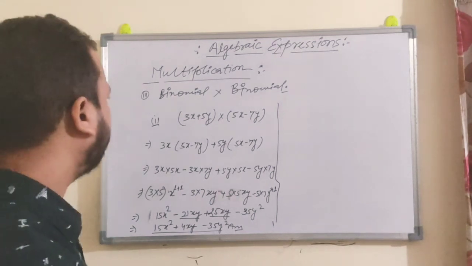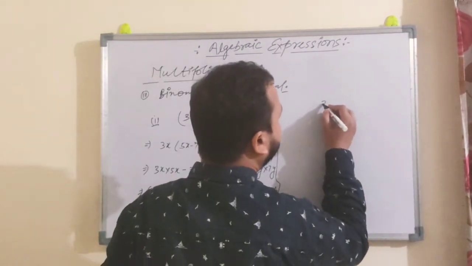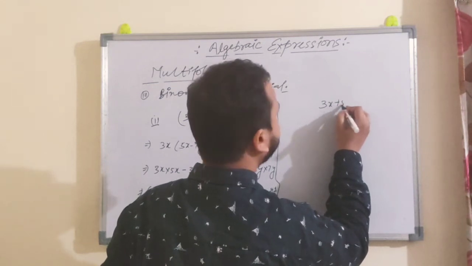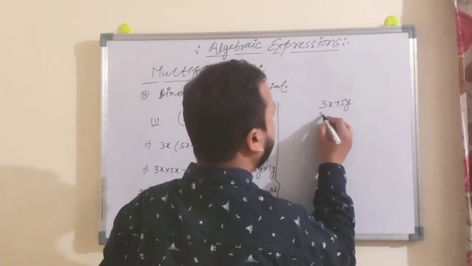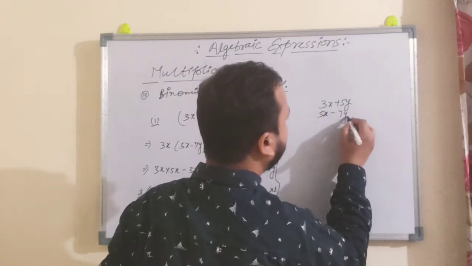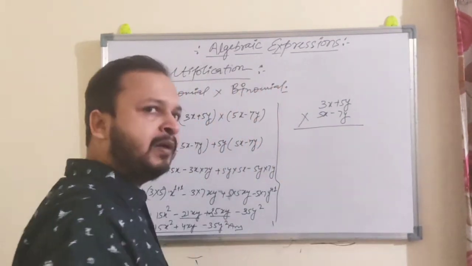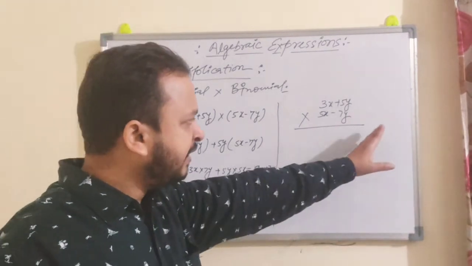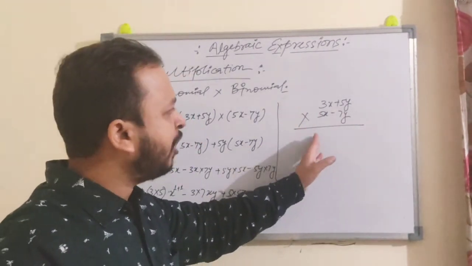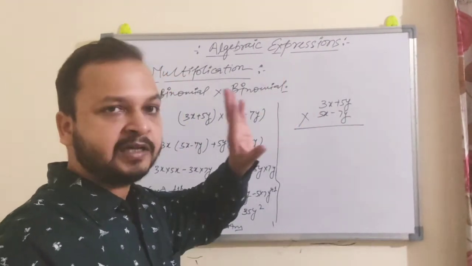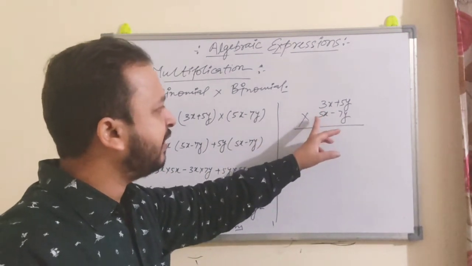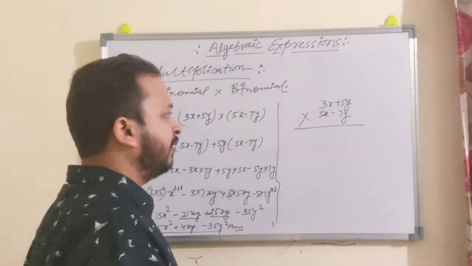Now I'm going to apply the column method. So 3x plus 5y and 5x minus 7y. In normal multiplication we start from the right and go towards the left, but in the column method of algebraic expressions, we start from the left and go towards the right.